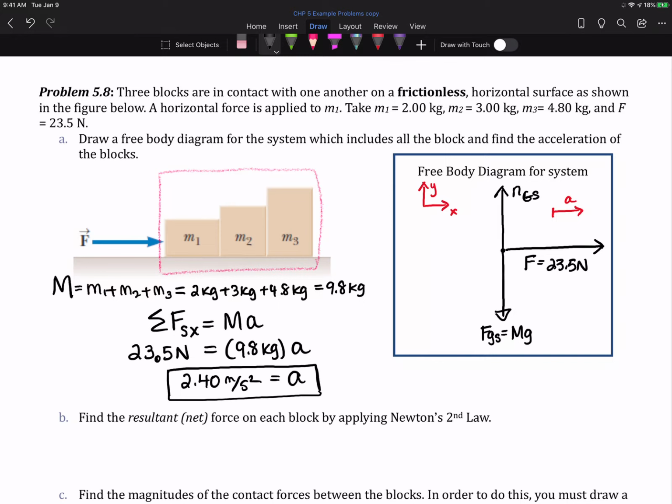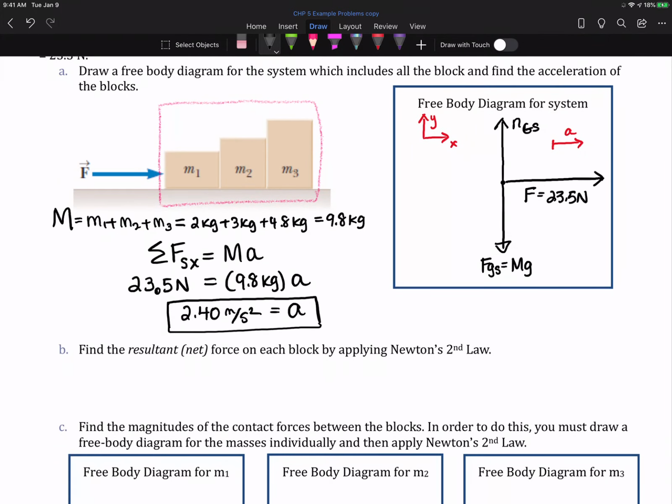So I've used my system to determine what that acceleration is. Next, we're asked to determine what is the resultant or the net force that's acting on each of the blocks. And so the net force that's acting on each of the blocks is going to be acting in the x direction. So the net force on 1 in the x direction is going to be the mass of 1 times its acceleration in the x direction, which is the same acceleration that all of the blocks have.